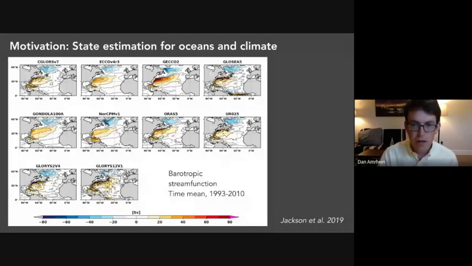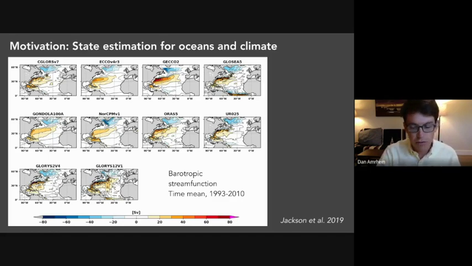So this is a figure from a recent paper by Laura Jackson and co-authors that compared 10 different ocean reanalyses, pictured here, to examine properties of the North Atlantic. I'm showing here the barotropic stream function strength in Sverdrups of time mean from 1993 to 2010. The point I want to make here is that these models were actually all very different. They had varying degrees of resolution from 1 degree to 1/12 of a degree.